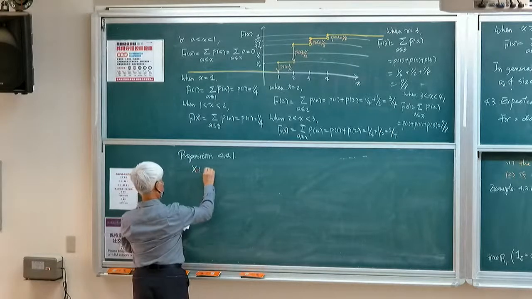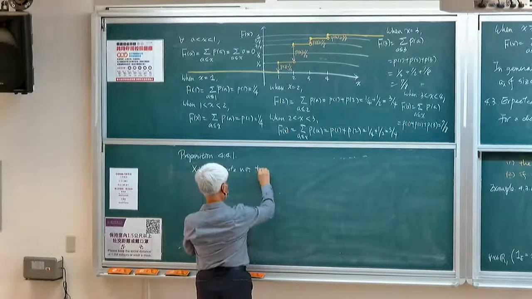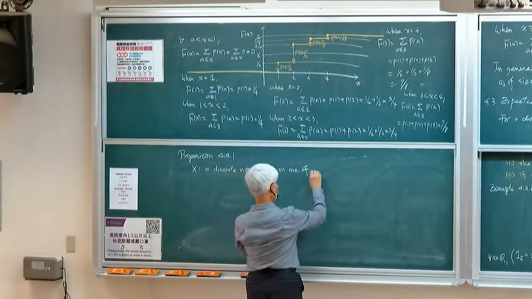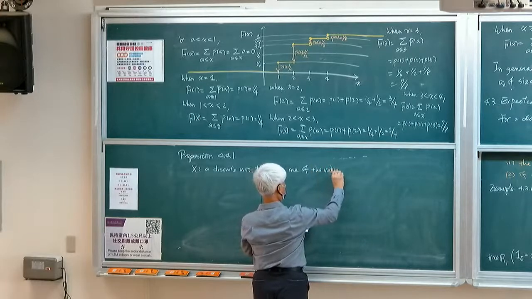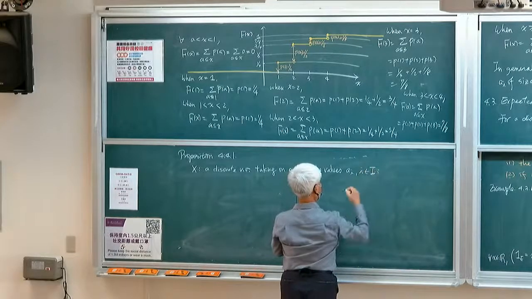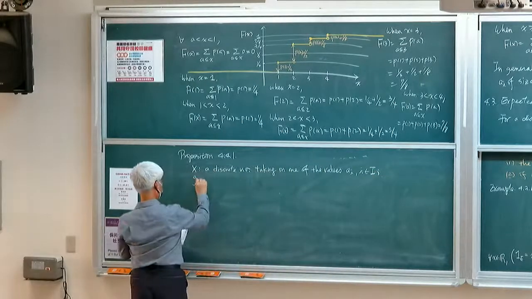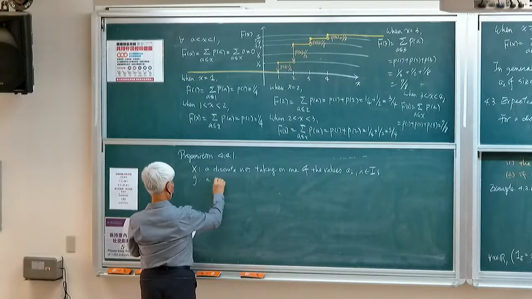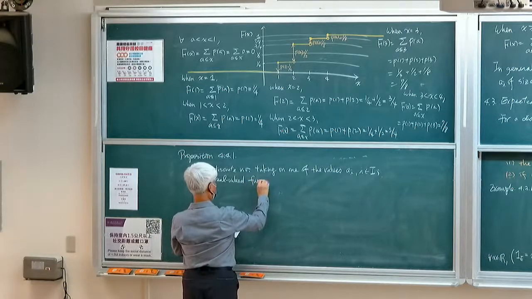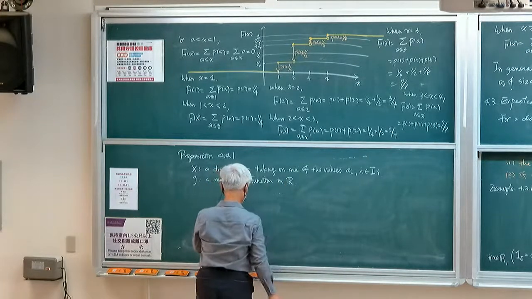Let X be a discrete random variable taking one of the values AI, where I is in a countable index set, and let G be a real valued function on R.